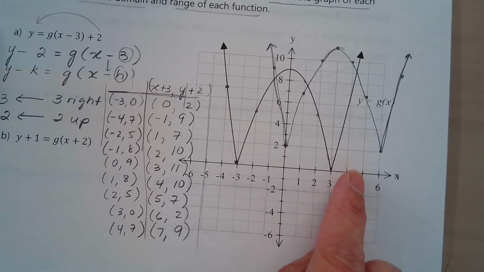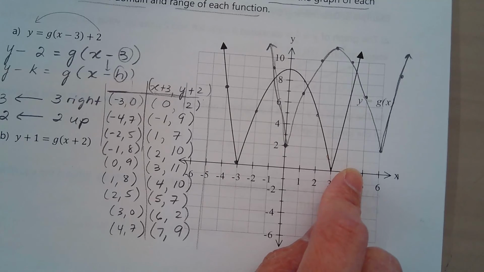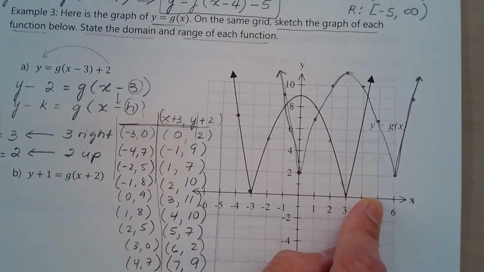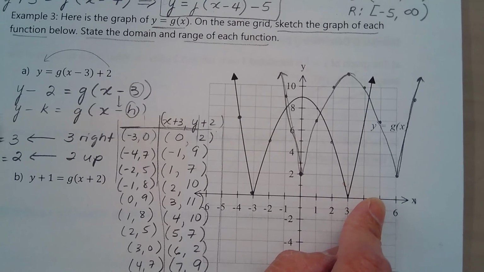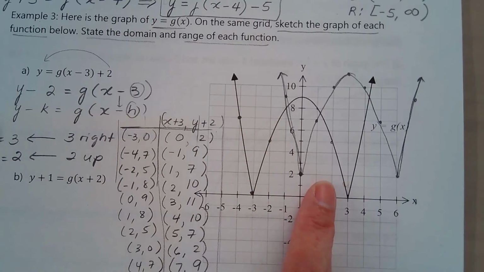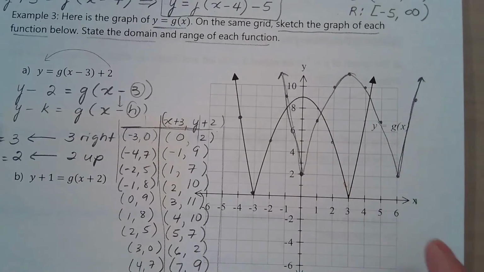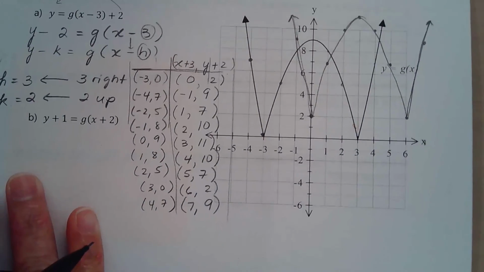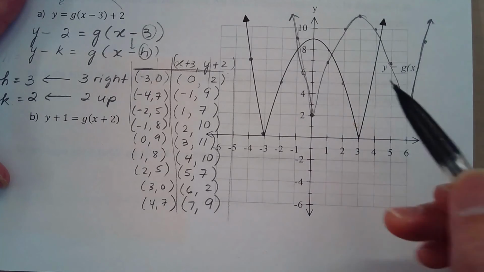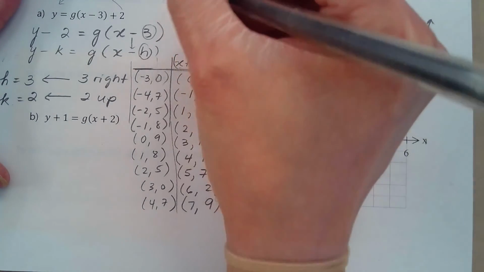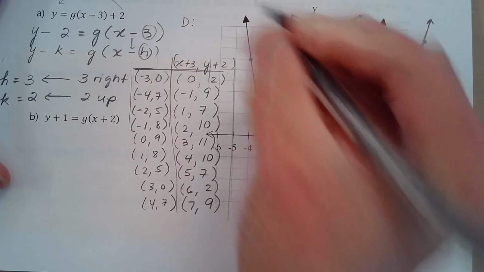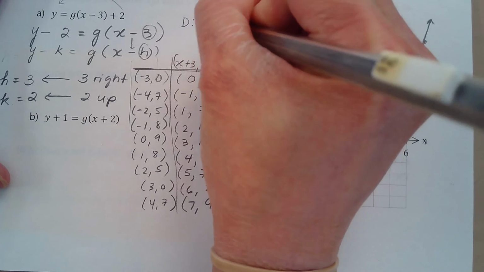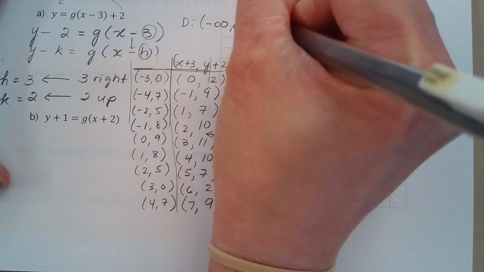Now for this one, it says here, state also the domain and the range. What's the domain of this function, the new function? Okay, so the domain is from negative infinity to positive infinity.